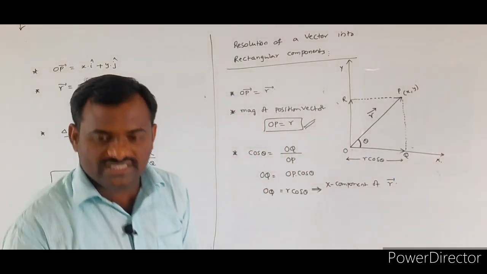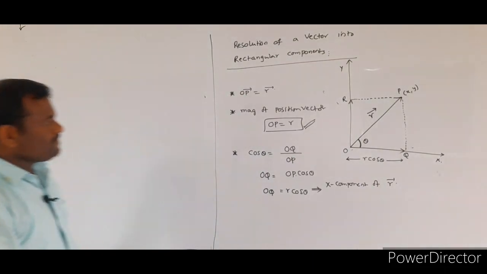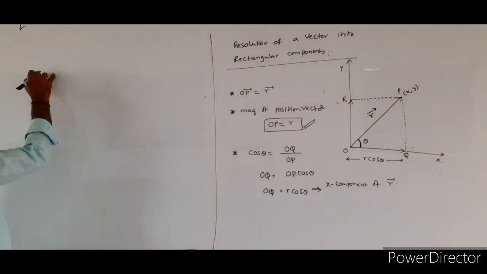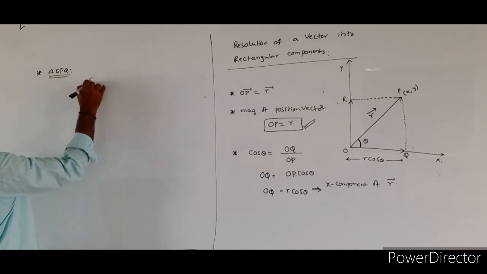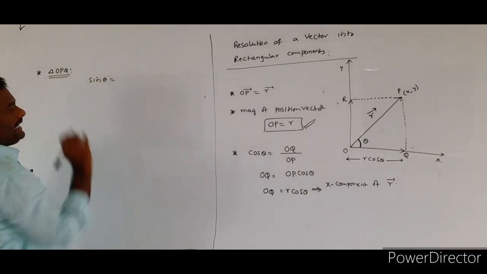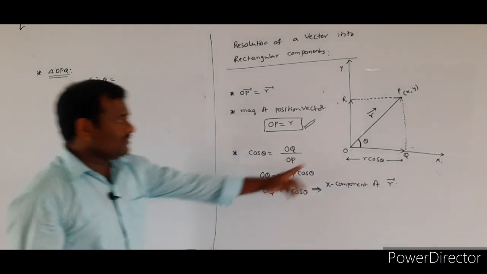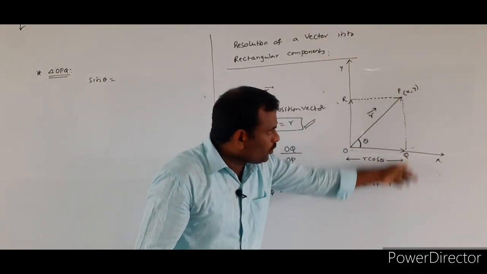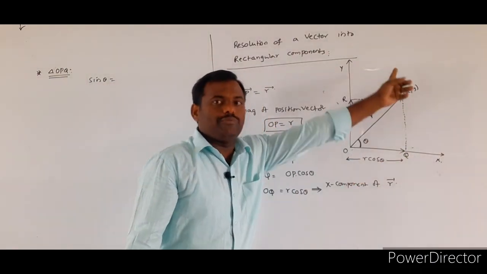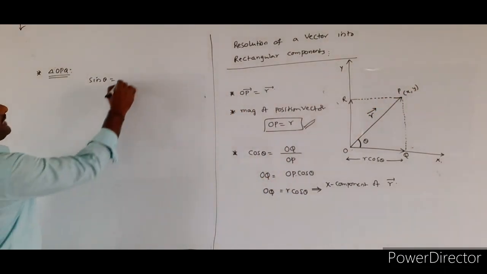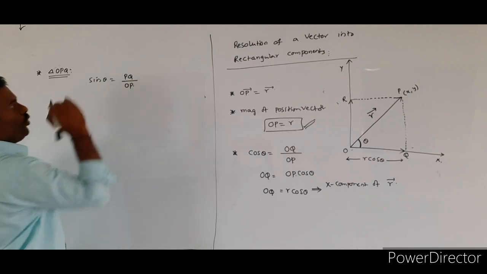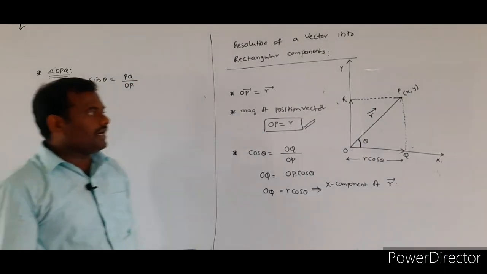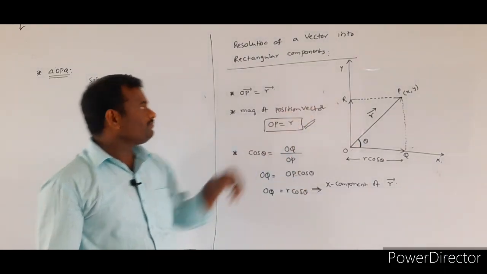Similarly, from the same triangle OPQ, now I want to calculate the sin theta value. Sin theta is equal to opposite side by hypotenuse, which is PQ by OP.